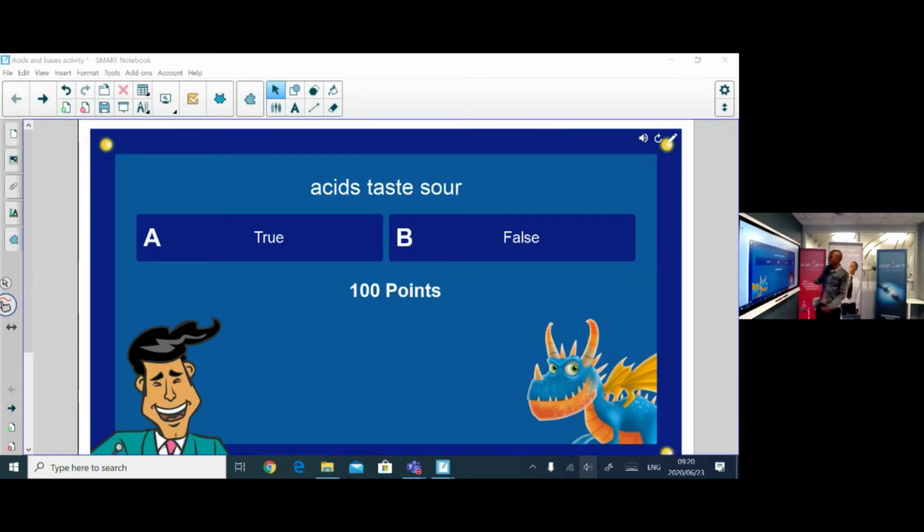For 100 points. We've already discussed this. Yes, acids will normally taste sour. So this should be correct because acids should taste sour, right? Let's continue and look at more examples.